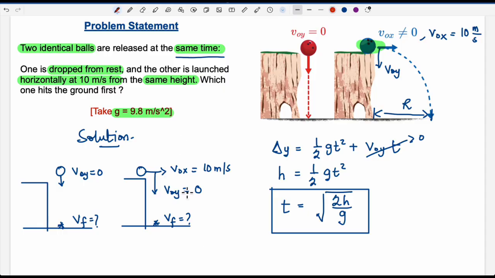So with that, we can conclude that the time it takes for both balls to hit the ground is simply t equals square root of 2h divided by g. All right, so the higher the height from which both balls were dropped, the longer time it takes for them to hit the ground.